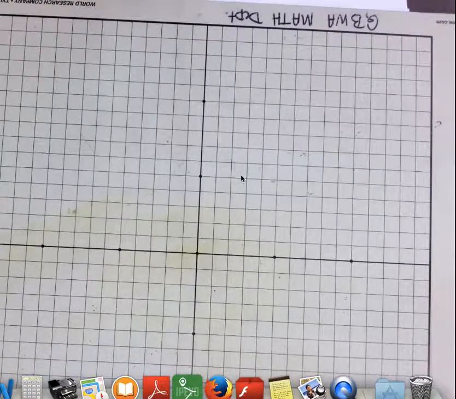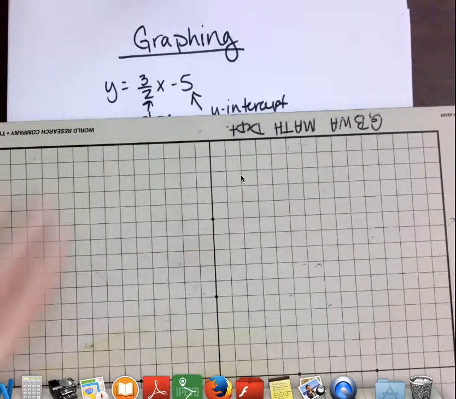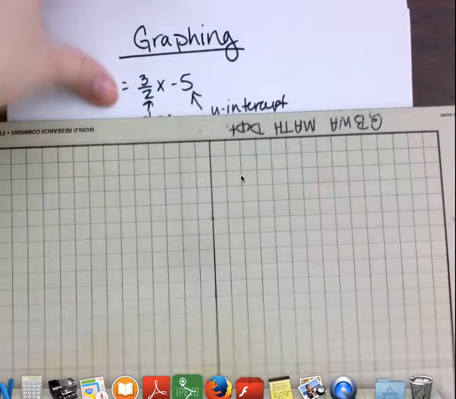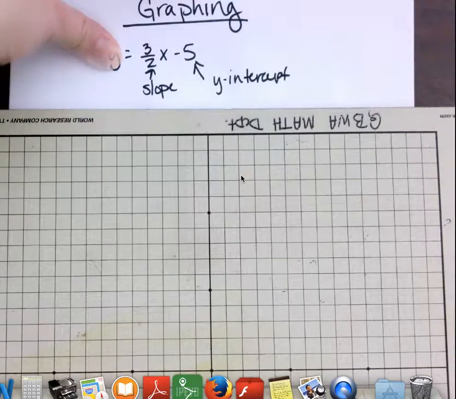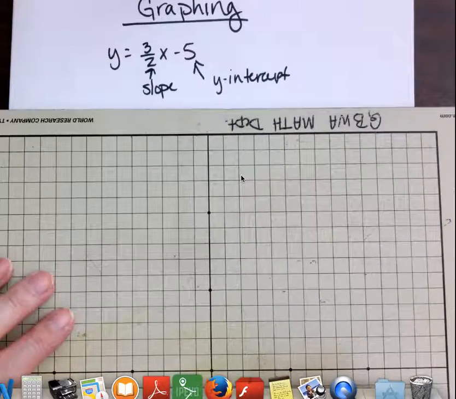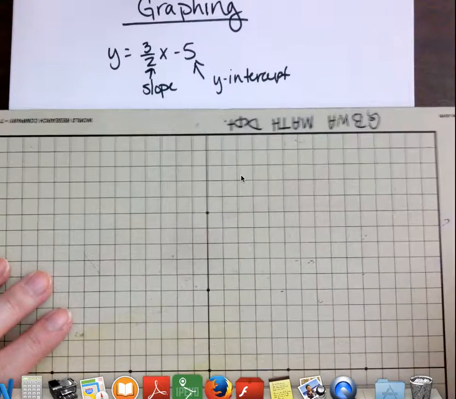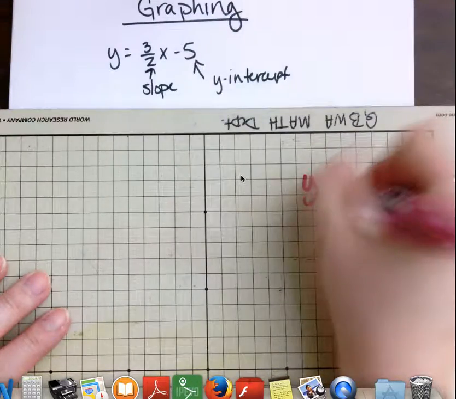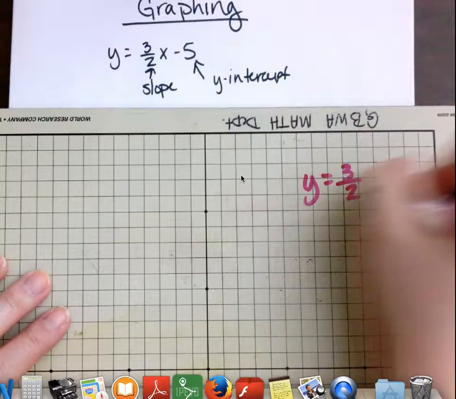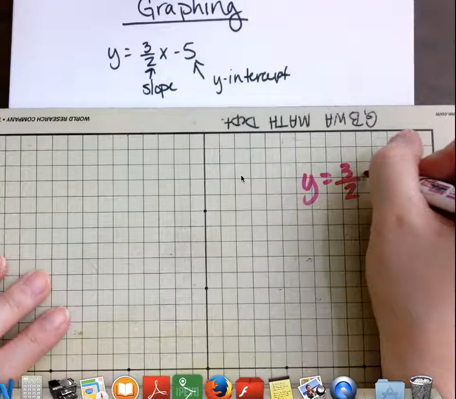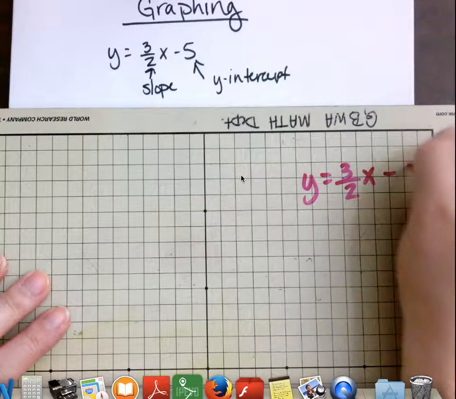Remember this equation that we had was a y-intercept of -5 and a slope of 3/2. So let's rewrite this here. Y equals 3 over 2x minus 5.